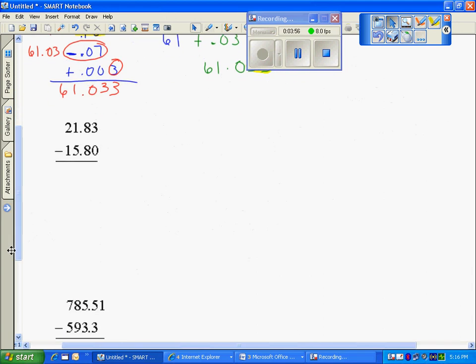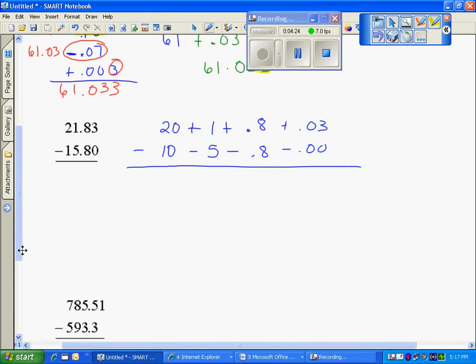Next problem, using decomposition: 20 plus 1 plus 8/10ths plus 3/100ths. Make sure you put your decimal in the appropriate place. I'm going to take away 10, 5 ones, 8/10ths, and no hundredths.